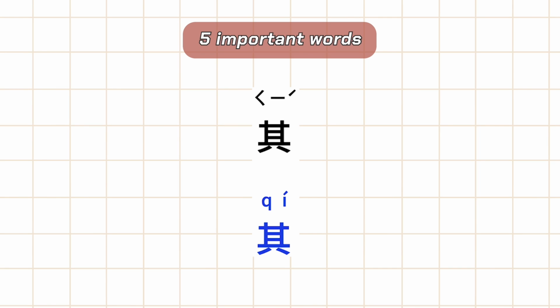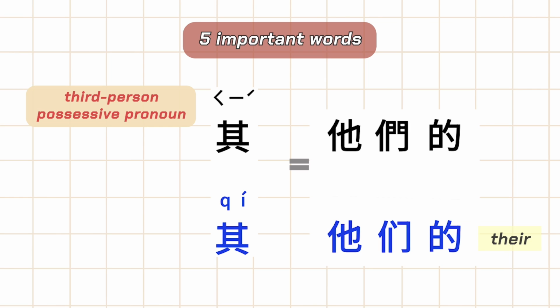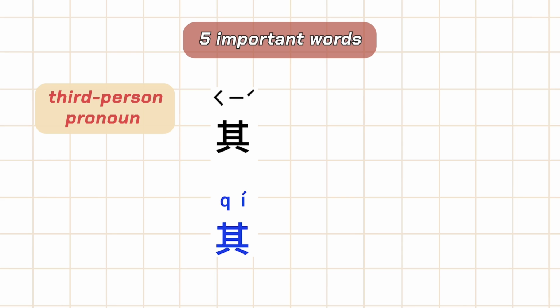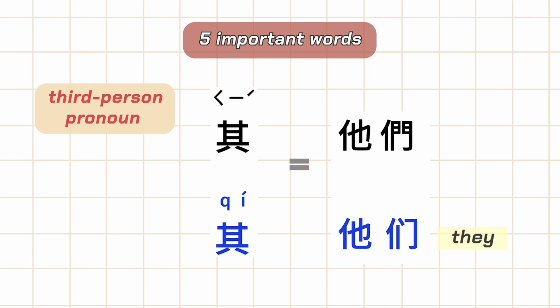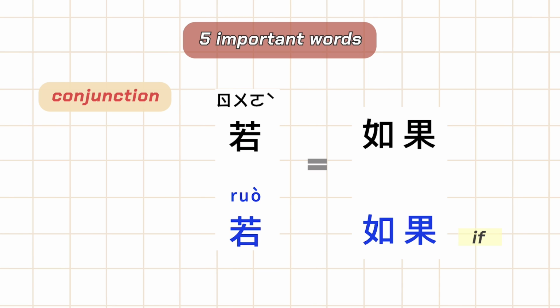The fourth one is 其. 其 is often used as a third-person possessive pronoun equivalent to 他的, his, her, its, or 他们的, their. 其 can also be used as a third-person pronoun equivalent to 他, he, she, it, or 他们, they. The last one is 若, which is often used as a conjunction in formal writing to express 如果.